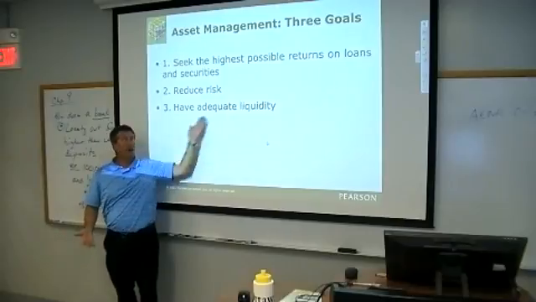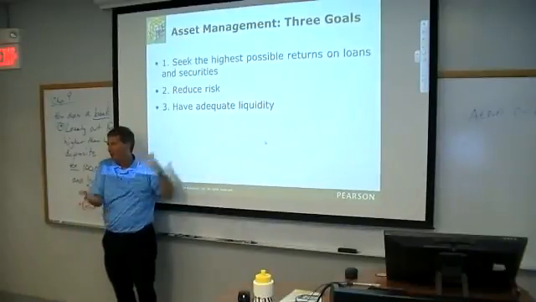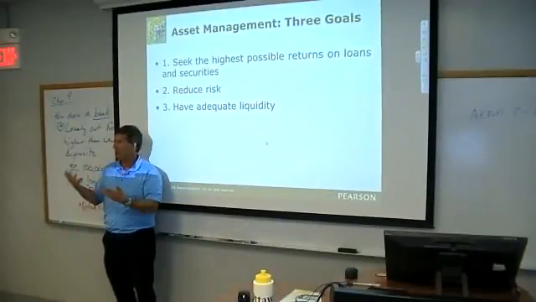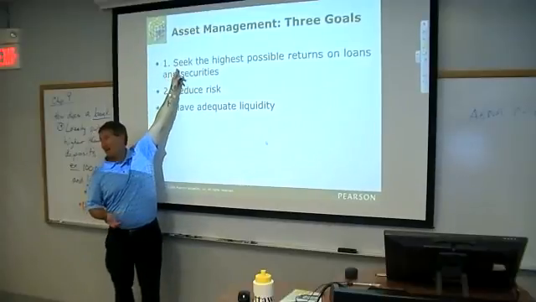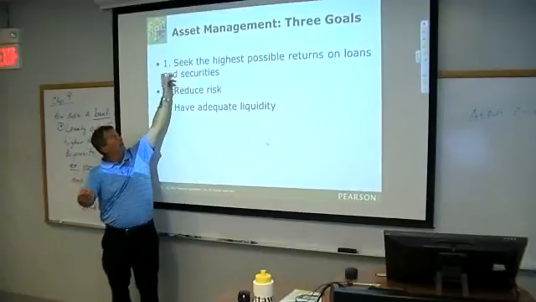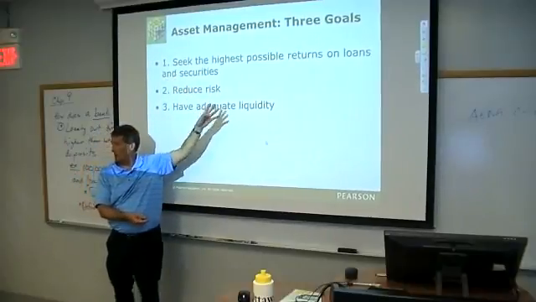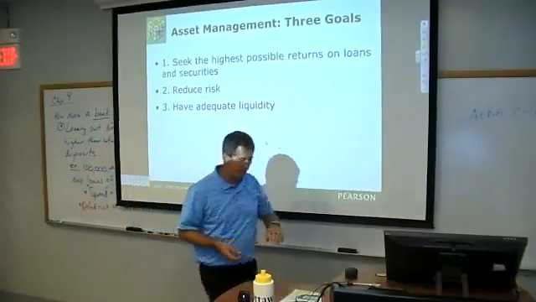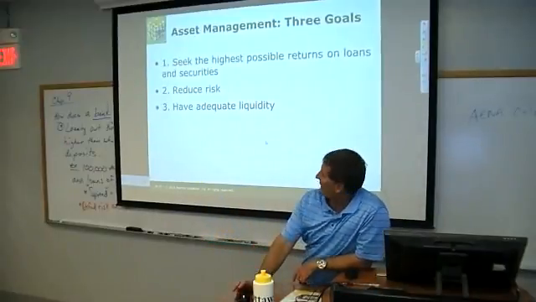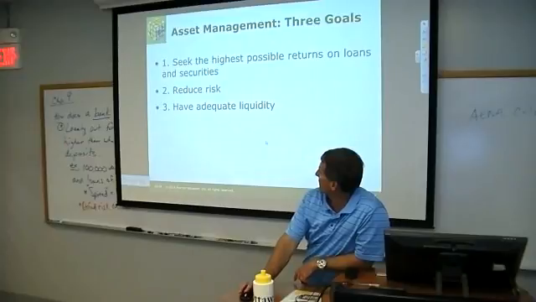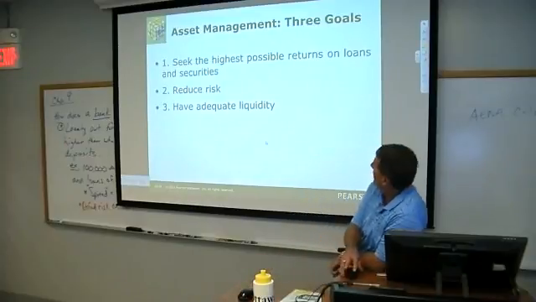You might not be maintaining adequate liquidity from a business standpoint, like being able to manage your portfolio. But at the same time, if the money is not out on loans, then you're not doing number 1. So that's a balancing act, having enough cash available to be satisfied there, as well as seeking those returns and reducing risk.